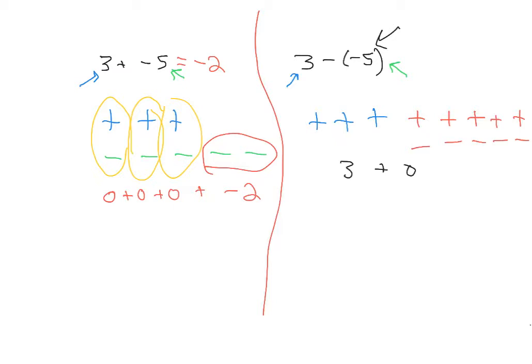This is the same thing as saying 3 plus 0 plus 0 plus 0 plus 0 and then plus 0. Right? It still equals +3 right here. So I haven't changed the value of that first term.